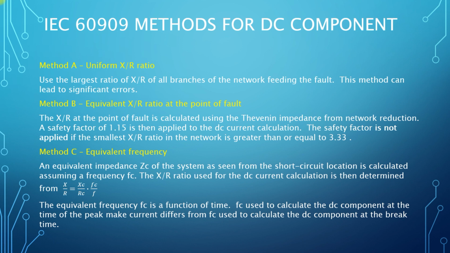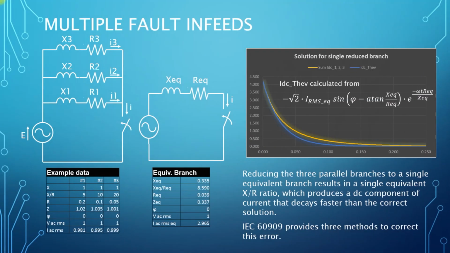Another method is method B, the equivalent X upon R ratio at the point of fault. Now, method B essentially does exactly what we did in the previous slide.